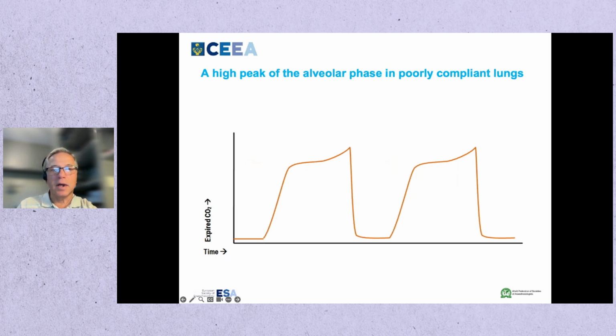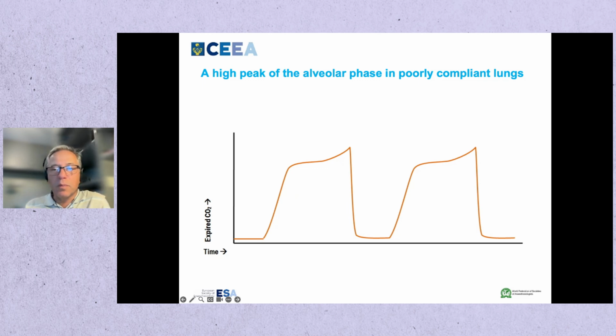This is the high peak of the airway phase in poorly compliant lungs. And this pattern is called a pigtail capnogram. It is typically seen in poor lung compliance, but it can occur in pregnant women and obese patients. Essentially, the sudden peak of the pre-inspiratory expired CO2 is due to sudden airway closure.